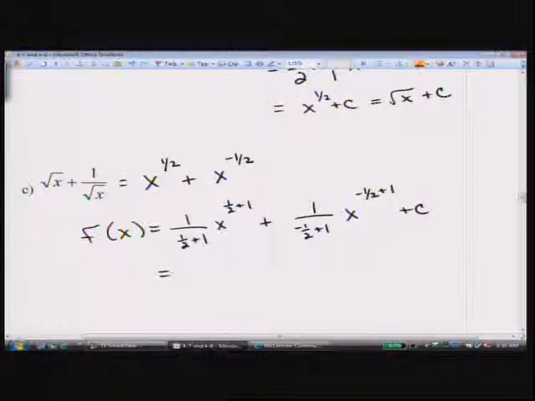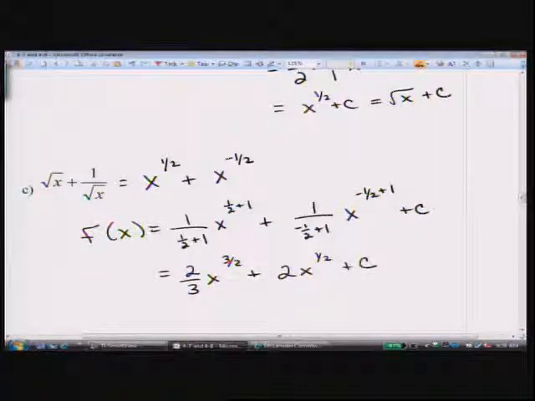And then this cleans up. This is 3/2 in the denominator, so this is 2/3 x to the 3/2 plus, this is 1/2 in the denominator, which is 2x to the 1/2, and then plus c. Everybody happy?